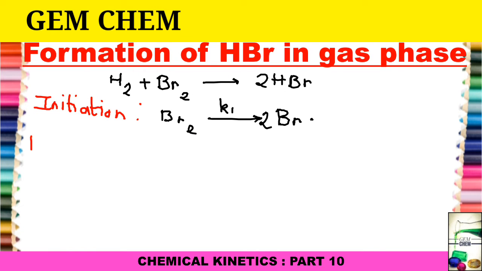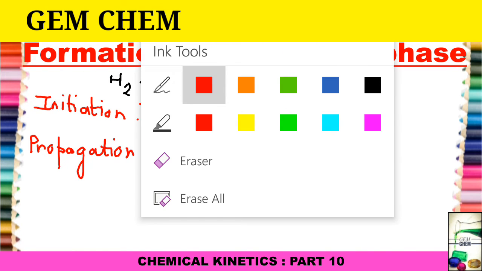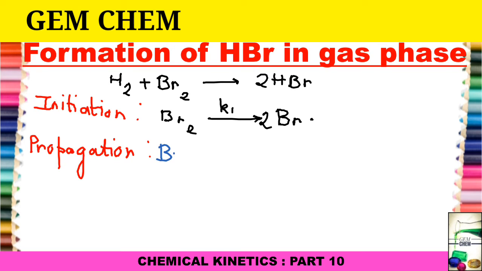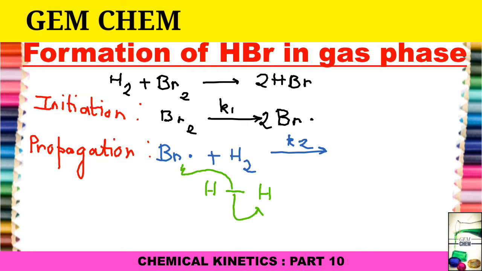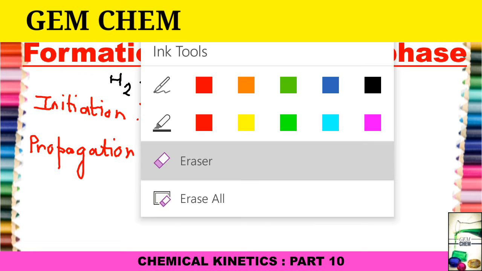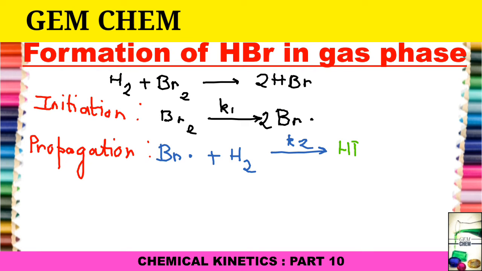Next comes our propagation step. What happens in this step? This Br radical will react with hydrogen, with rate constant K2, giving HBr plus H dot.